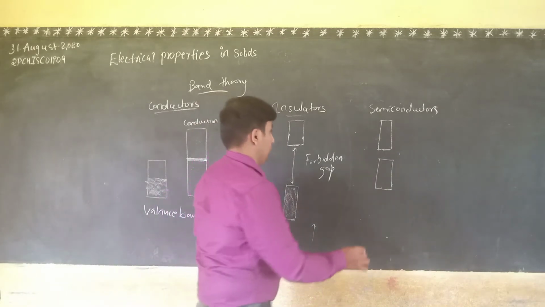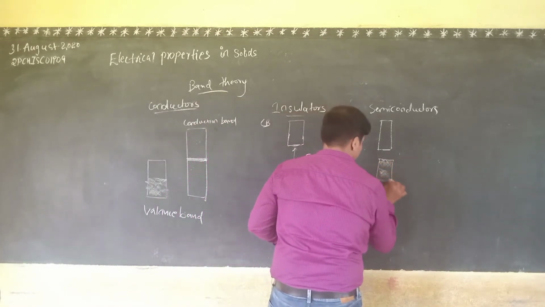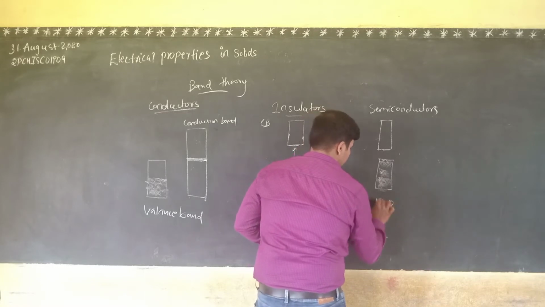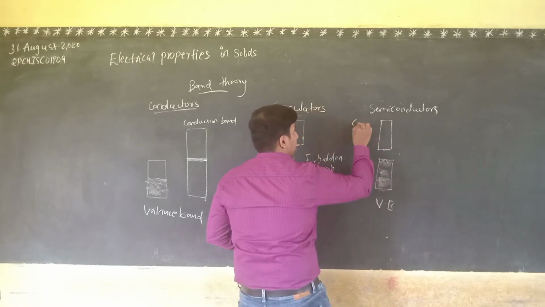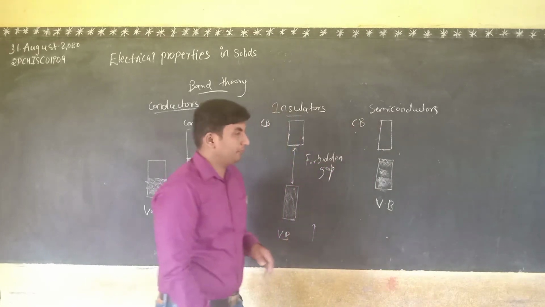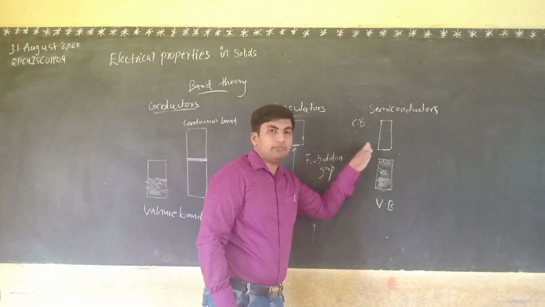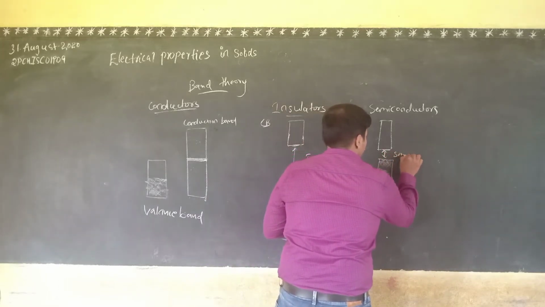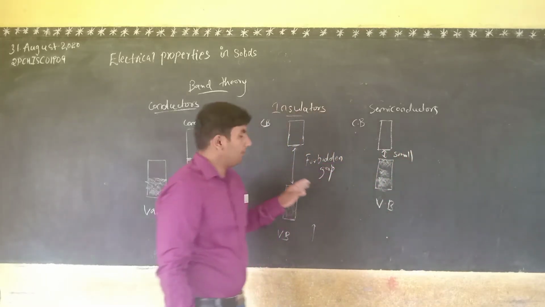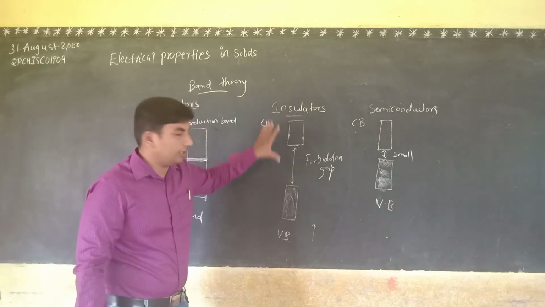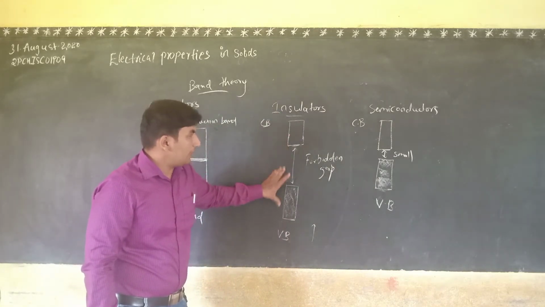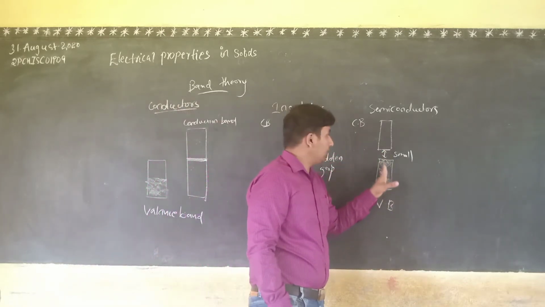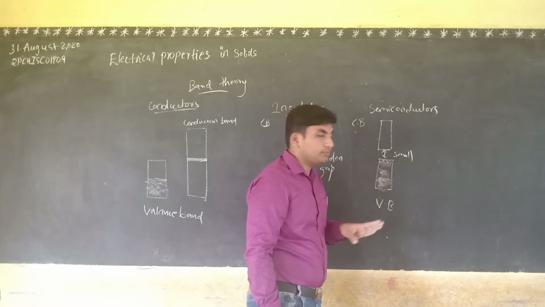So, the electrons are filled in the valence band and the conduction band is empty. The gap between the conduction band and valence band is small. In case of insulators, the gap between the valence band and conduction band is large. In case of semiconductors, it is small.